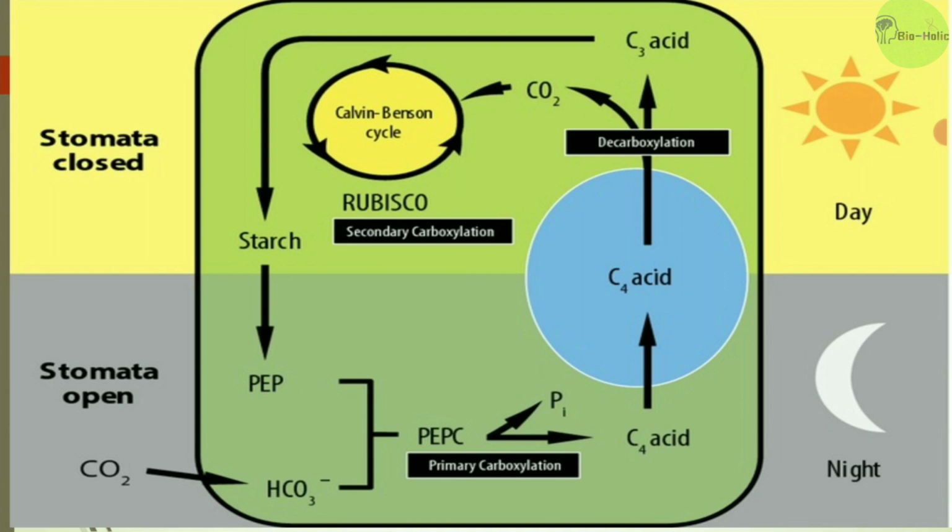And in the daytime, when the temperature starts increasing, the stomata are closed. Now malic acid comes outside the vacuoles and is cleaved into carbon dioxide and pyruvate. This carbon dioxide enters the Calvin cycle, and the pyruvate again regenerates the phosphoenol pyruvate for later use.